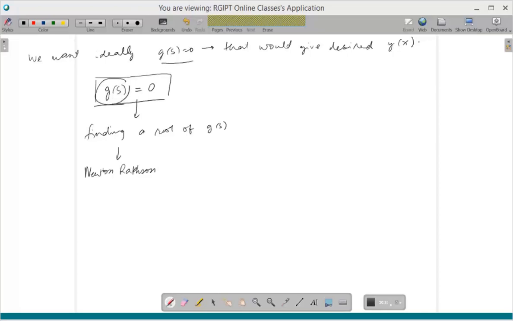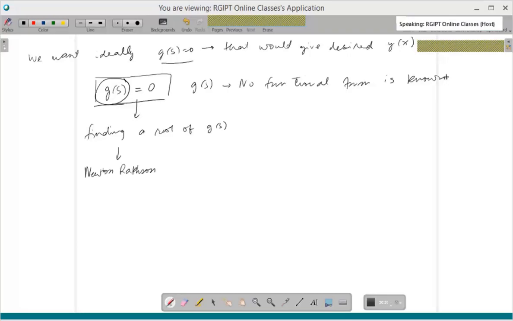I do not have an expression for this. I have to compute g of s for every s. No functional form is known. I do not know beforehand how the error is going to look, because that will be a complicated thing that depends on my step size, what method I choose, etc.